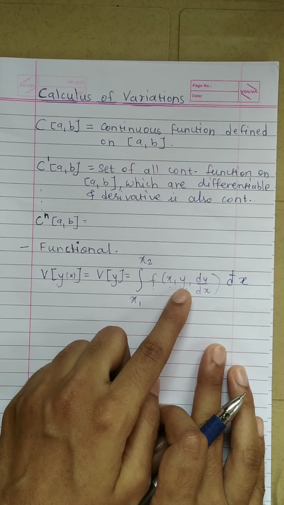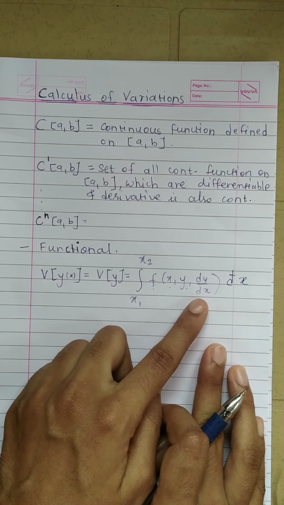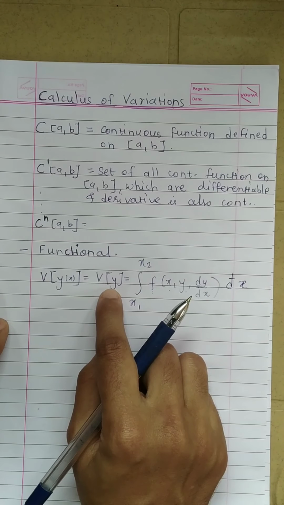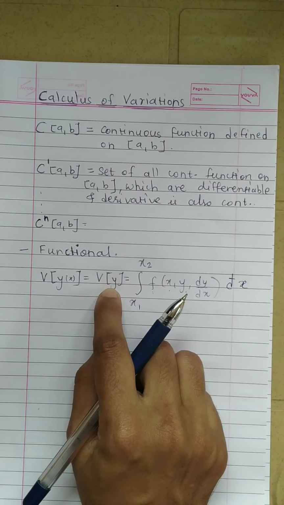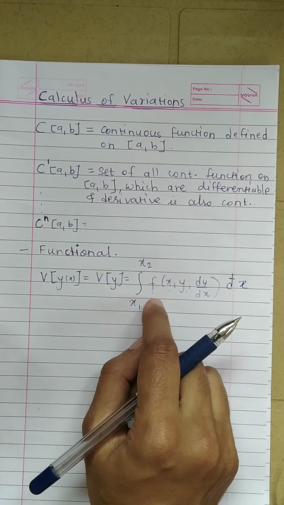That is, when different choices of y as a function of x are substituted in this equation, then what will be the change in this value? That is the first problem in calculus of variations. Okay, whatever we will be doing is we try to investigate what are the effects on these values.